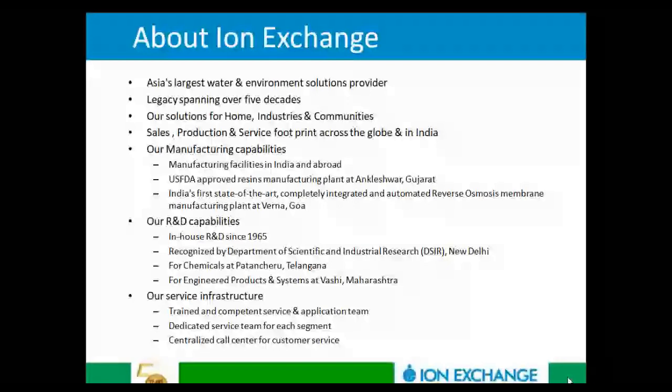Our major strength has been our manufacturing capabilities, whether it is chemicals, resins, or RO membrane. We manufacture those things in house. We have plants which are US FDA approved, and all the components used in the product or the services are from our own stable.